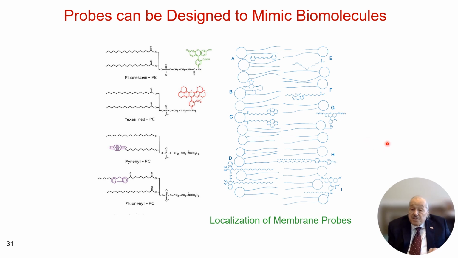All right, let's switch to other types of labeling of macromolecules. One method is designing the probes to mimic macromolecules. This is always an easy way to do it if you're doing any type of membrane experiment, because so many of these are commercially available, and you can choose a phospholipid that has probes way out at the end of the polar part of the molecule, or probes at the non-polar part of the molecule.